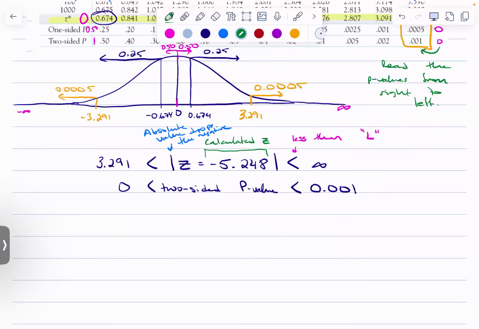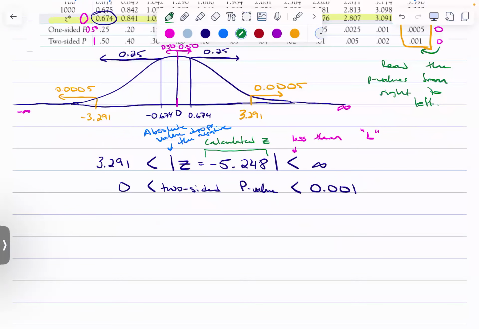This is just an approximation. This is good enough for a test, and that's really small. If I tell you it's somewhere between 0 and 0.001, you would say, oh, that's really small. In fact, it's less than 0.05. So that's all I really need.